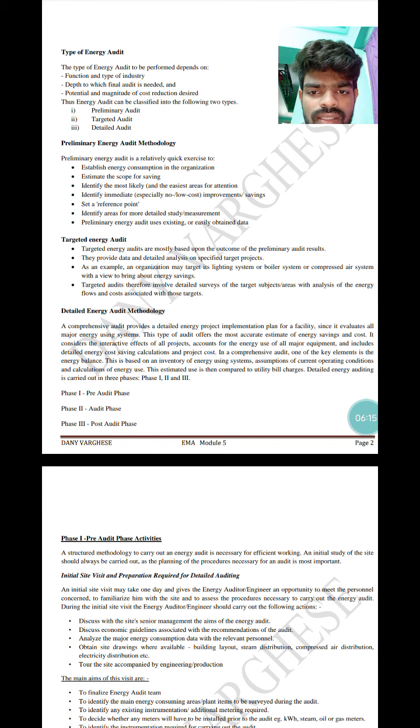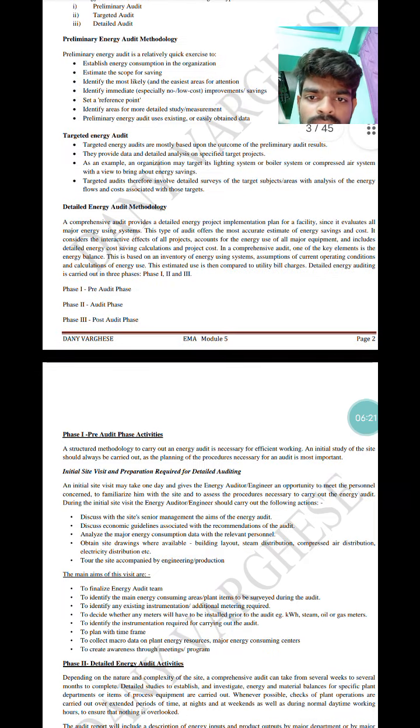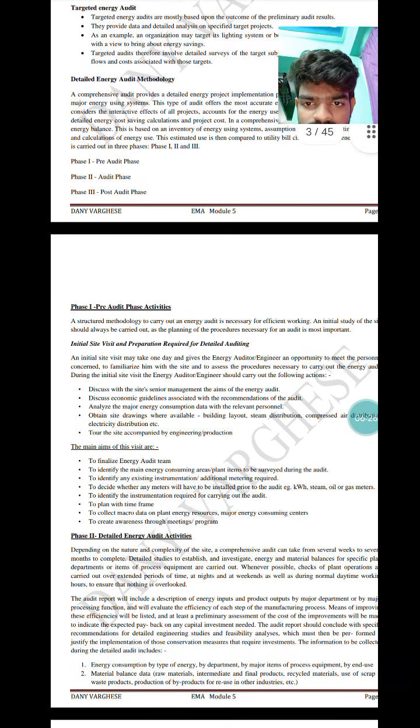Detailed energy audit is carried out in three phases: phase 1, phase 2 and phase 3. Pre-audit phase, audit phase and post-audit phase. Phase 1, pre-audit phase, discusses with site senior management the aims of the energy audit.